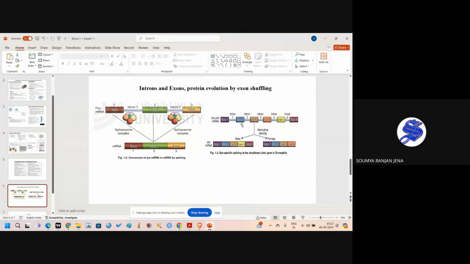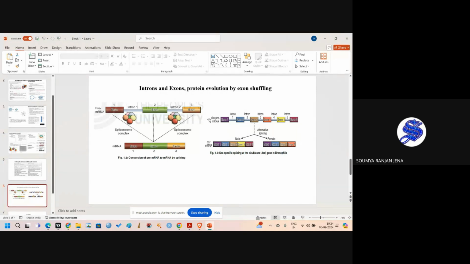Now let us look at exon shuffling during Drosophila sex determination. Drosophila contains the doublesex gene. The pre-mRNA contains 6 exons and 5 introns, and these exons are shuffled during alternative splicing.